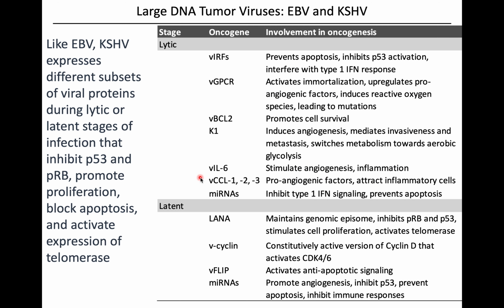Very similar to what we talked about with Epstein-Barr virus, with Kaposi sarcoma virus as well we have these latency stages, or lytic versus latency stages, and again a whole host of genes, which I won't go through all of, being transcribed that have cancer-promoting properties.